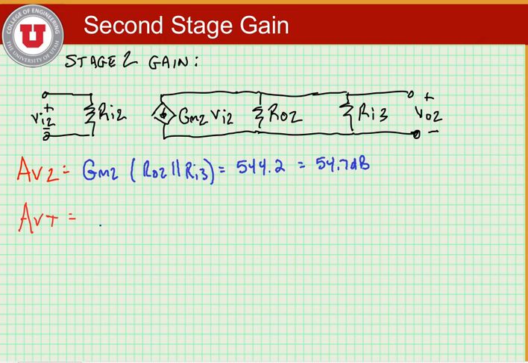The total voltage gain is just Av1 times Av2, which is equal to 109.8 dB. And now we need to find the output resistance. What we'll notice is we have 2 more gain stages, but both of the gain stages that we have left have unity gain values, and so they don't contribute to the overall voltage gain of the circuit.